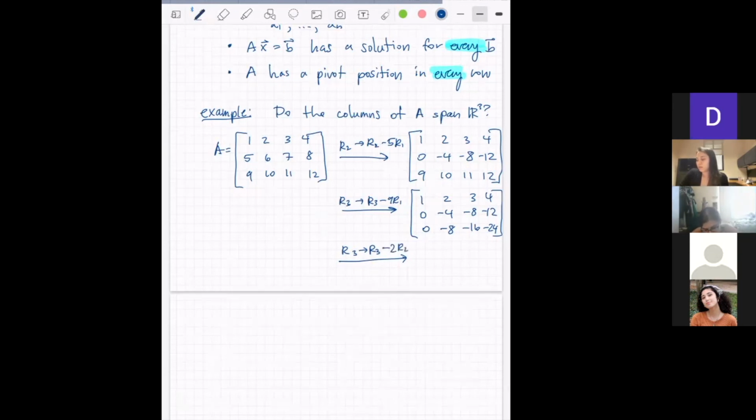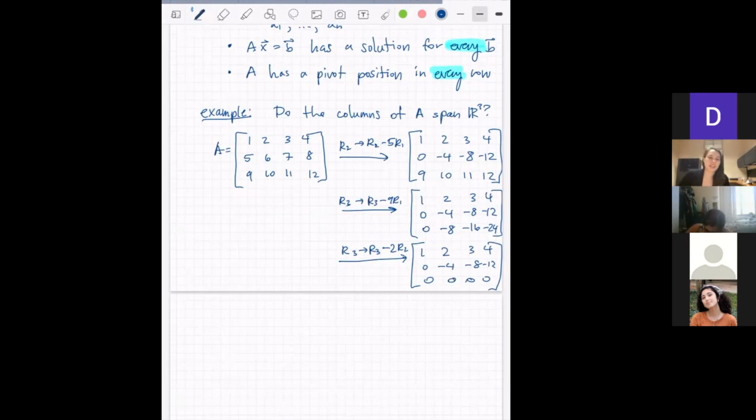Could you stop there? Because if there's a constant multiple, one row is going to be all zeros, which means no pivot. Exactly. Once we get here, we'll get all zeros. Do you want to see the last step? I would like to see the last step. Okay, the conclusion.